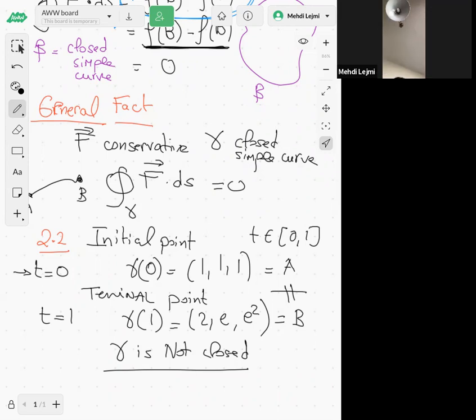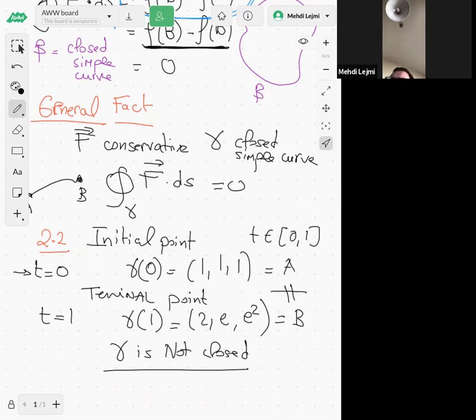Okay, so if there are no more questions, then let me continue with the area of surface. I didn't assign homework yesterday, guys, because we just finished the conservative vector field, and you had homework about that. On Tuesday we talked about parameterization of surfaces, and we discussed the area of a smooth surface.